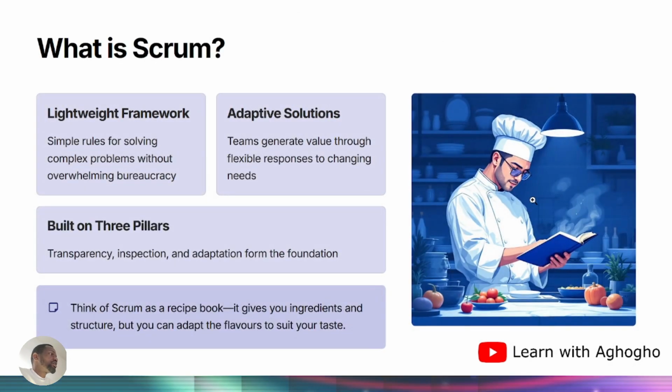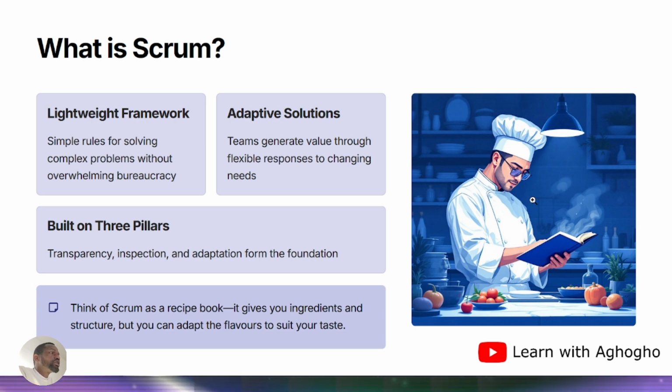So the first thing we want to get to know is what is Scrum. Scrum is a lightweight framework that is adaptable to complex solutions in a bid to find simpler solutions.